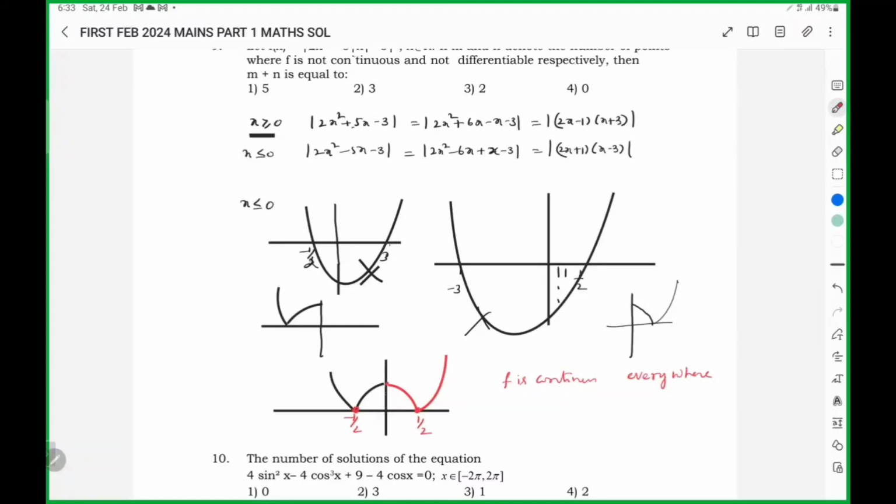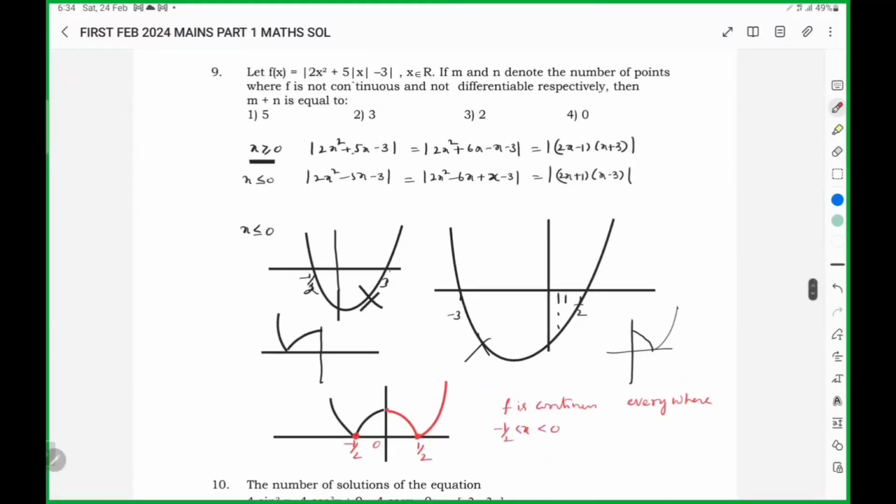everywhere. Wherever sharp edges are there, it is not differentiable. And here we have to check for x lies between minus half and 0, that is for negative. The function is minus of 2x square plus 5x minus 3. In fact, it is negative, to make modulus is there, plus 3.